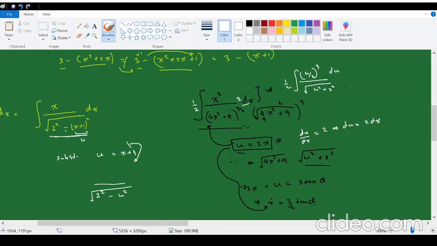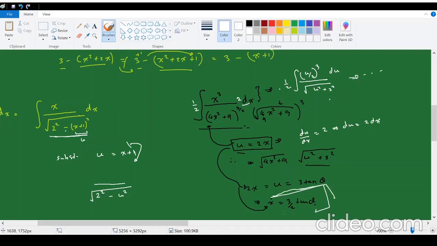Now once you have this one, we can proceed with the required calculation with this substitution, but instead we thought of going with the x variable only. It's like we are avoiding this step because ultimately we should convert everything back into the variable x, right? That's the reason for choosing something like this.